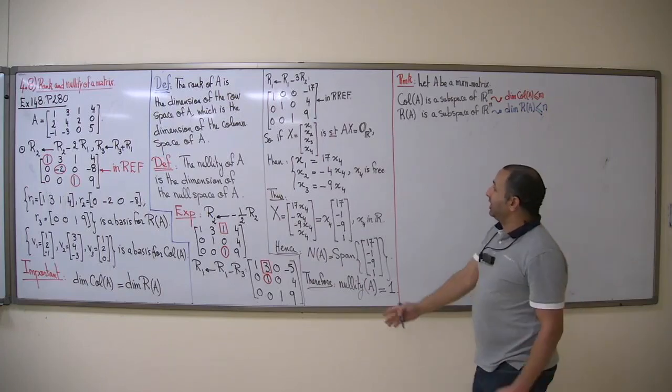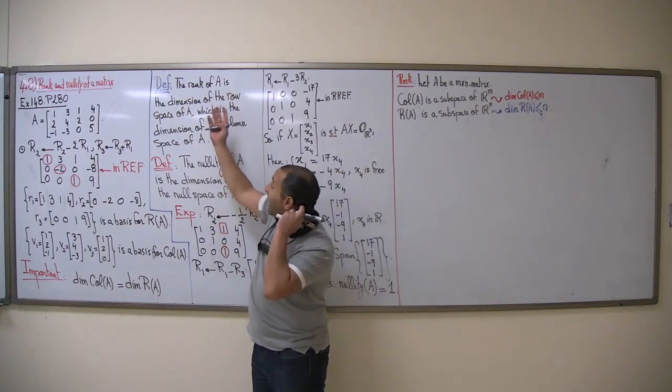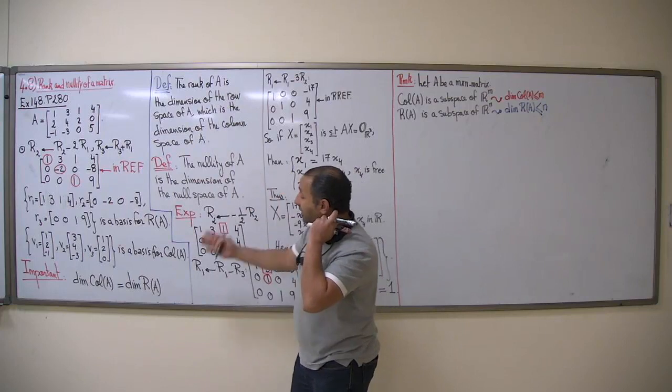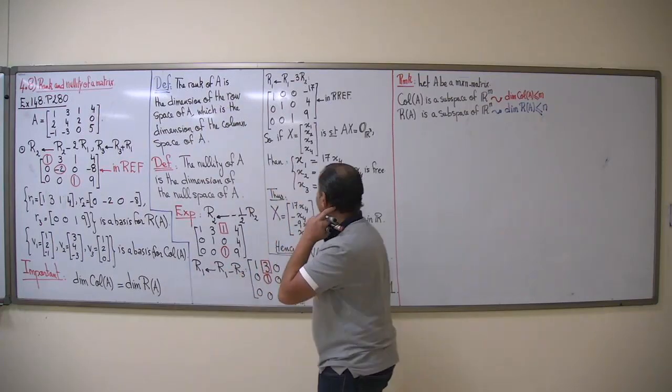By definition, the rank is the dimension of the row space, which is exactly equal to the dimension of the column space.